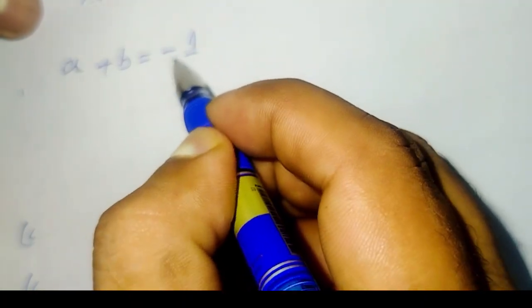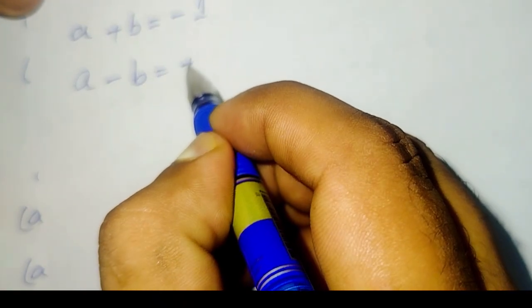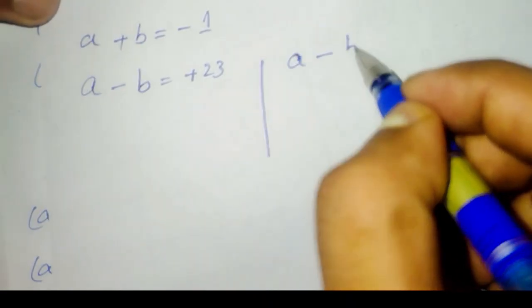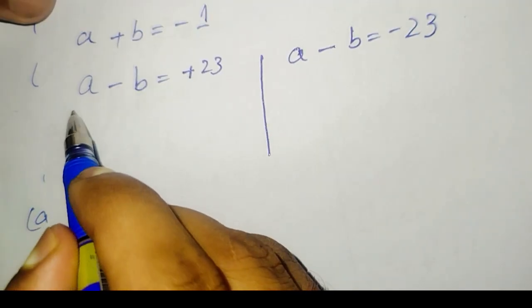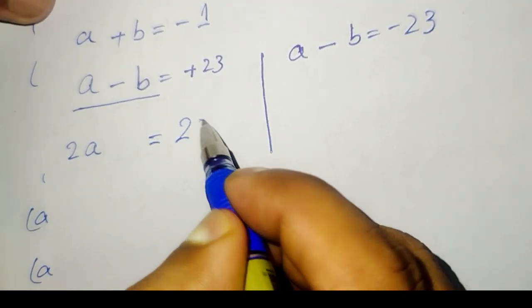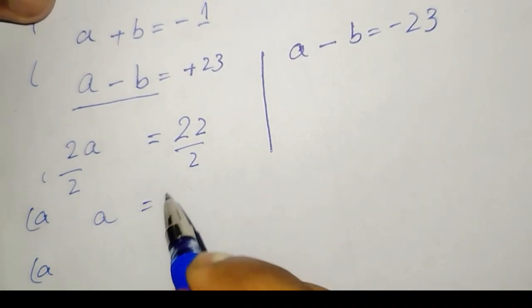Now if we recall our equation number 3, that was a plus b equals negative of 1, and we have just recently calculated a minus b equals positive 23, and the other case is a minus b equals minus 23. Now if we add these two equations, then we get 2a equals 22, and if 2 is divided on both sides, then a becomes 11.